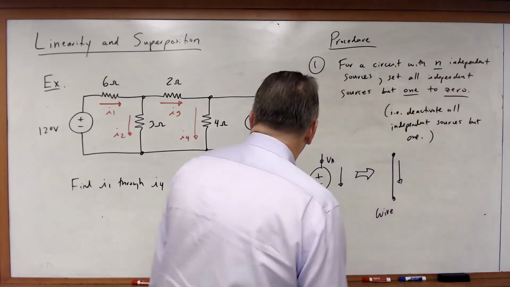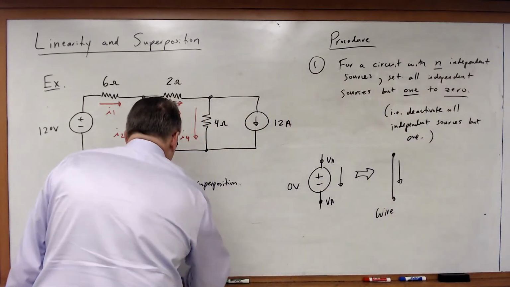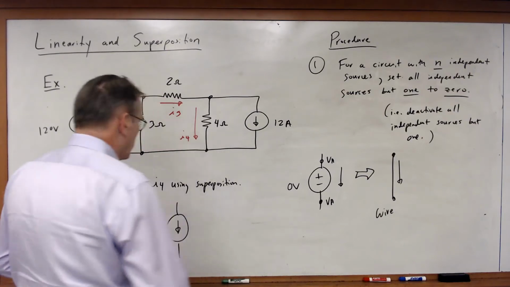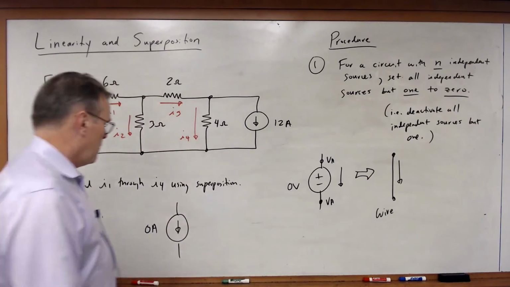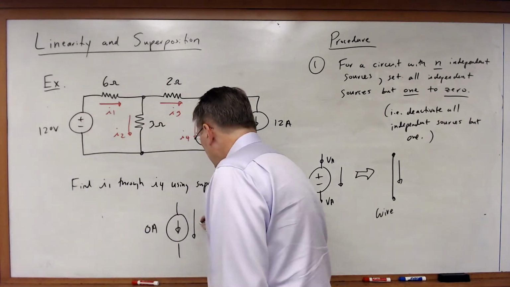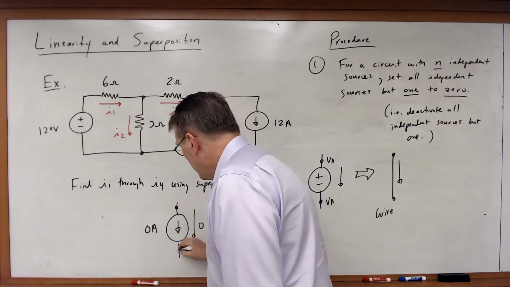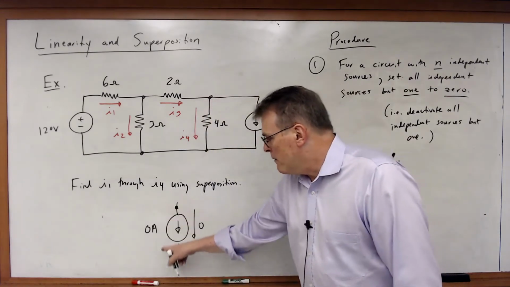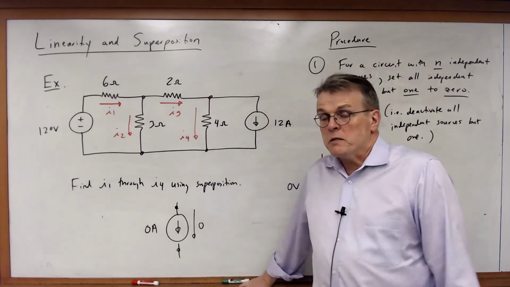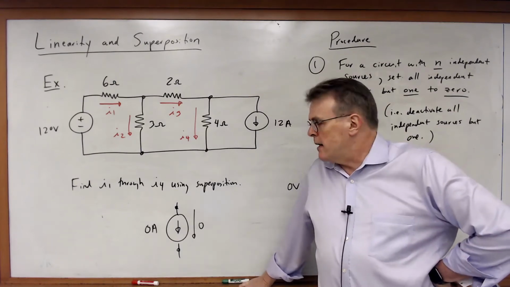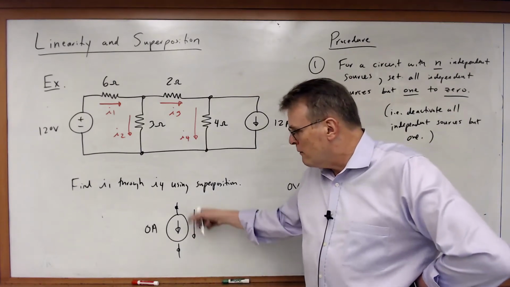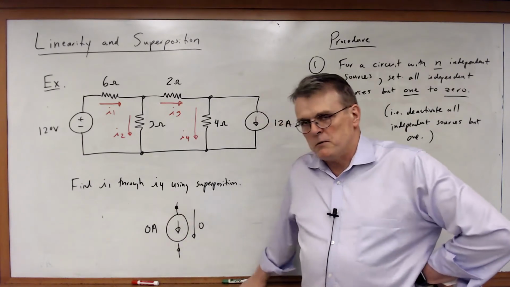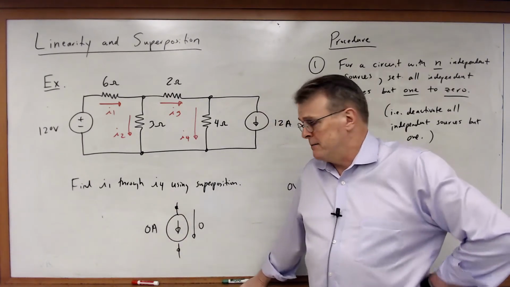What about a current source? What if I set a current source to 0? Well, in this case, clearly the current is 0 between these 2 points. But at the same time, the voltage across that current source can be anything. So I've got a current source with no current flowing through it and no restriction on the potential of those 2 nodes. What does that become?